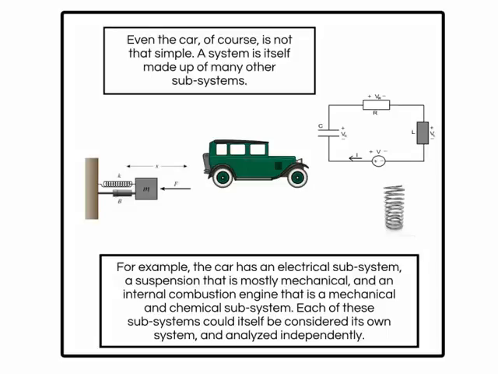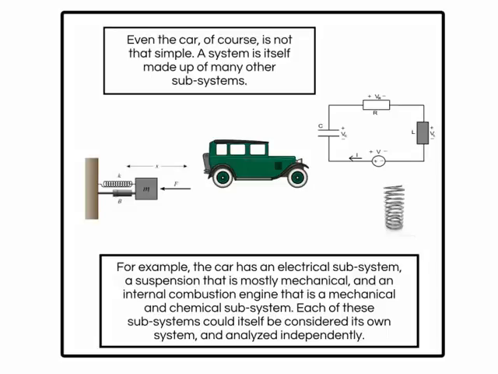In this example, the car has an electrical subsystem. For example, the ignition, the spark plugs, and the more complicated electrical system that allows you to have cruise control. The car also has a suspension subsystem that is mostly mechanical and consists of things like springs and dampers.